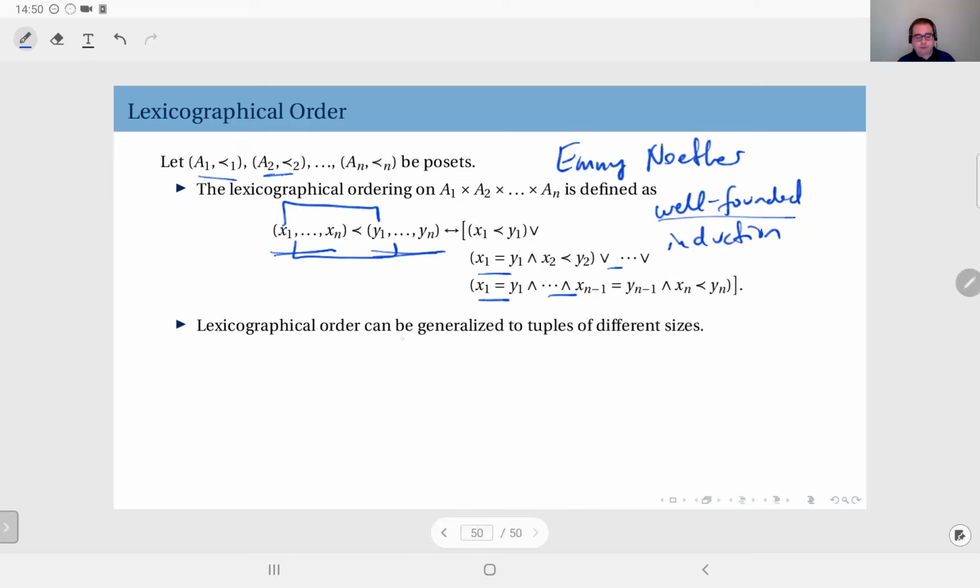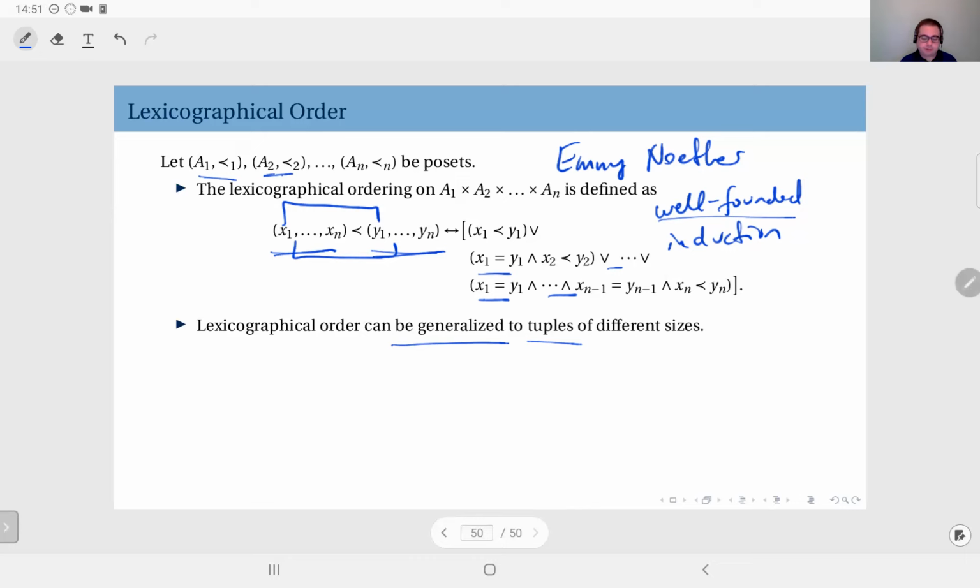And it can also be generalized to tuples of different sizes, where you, of course, assume a string, let's say, or a tuple is smaller than another one when all of the corresponding first elements are equal, but one has smaller size.